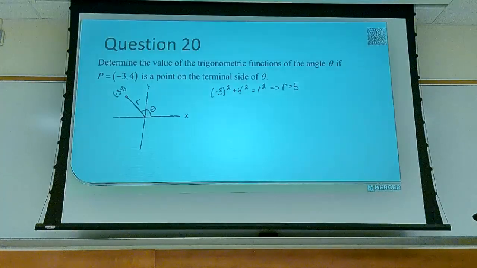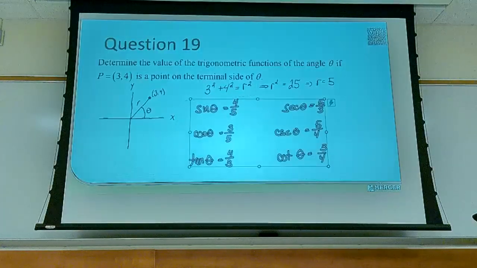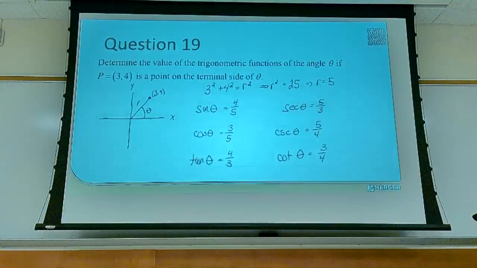R once again is going to be 5. What sign? Negative version. So here I'm actually going to cheat. You just need to change the sign. And this is what I call instructor's prerogative.